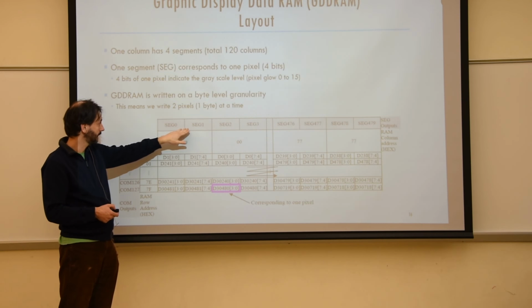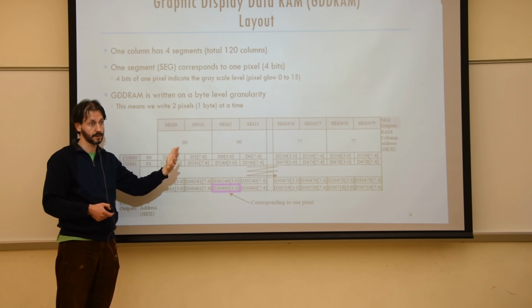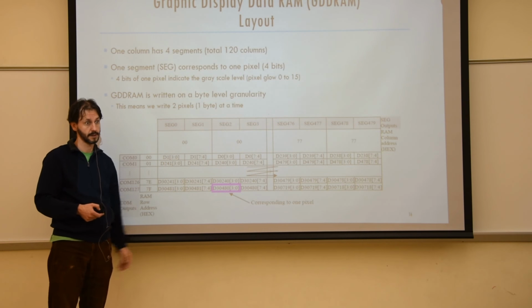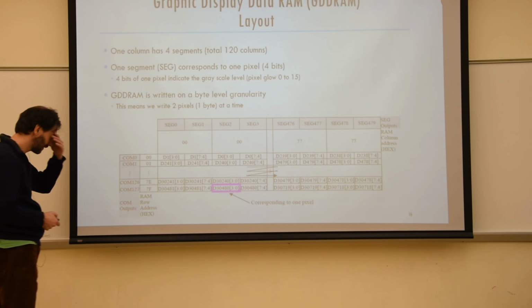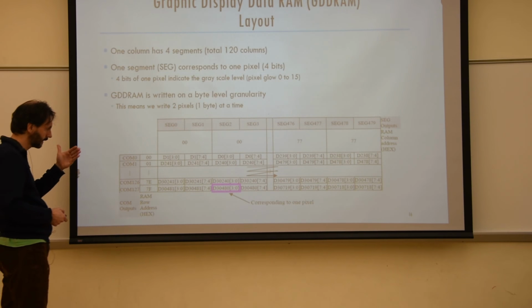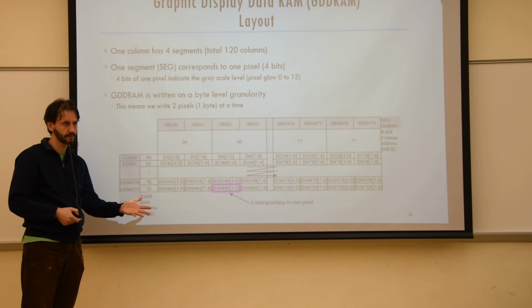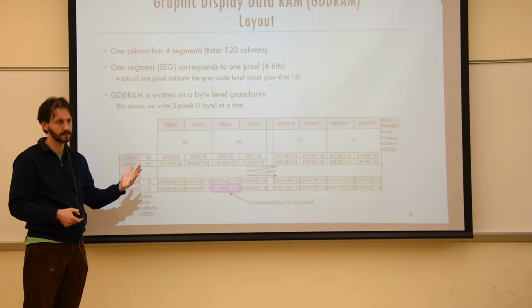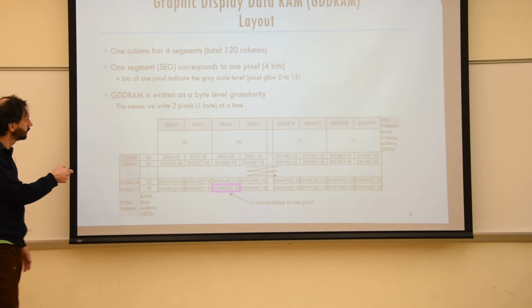So effectively, 4 times 4 is 16 bits of information for a column. No, I'm doing this wrong again. Yeah, you have 4 pixels, and each pixel has 4 bits, so it's 16 bits, so it's 2 bytes of information. Correct.